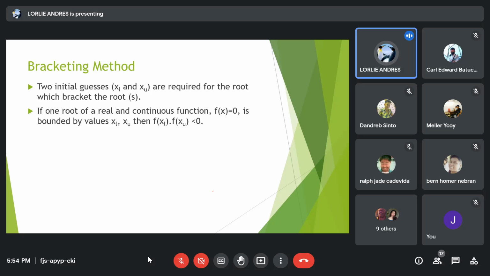So for us to know that our two initial guess values are correct, we substitute the values of x sub l and x sub u into our function to get f of x sub l and f of x sub u. We multiply the two, and if the result is less than 0, it means our two initial guess values are correct. It will give us a convergent solution, one that approaches our exact root value.